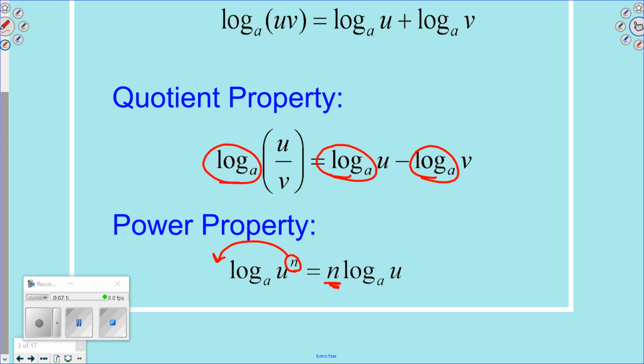Think about when you had exponents to exponents with your exponent properties. Exponent to exponent, what did you do with them? You multiplied them, right? Like if I had x squared to the fourth, what would you tell me that is? It's x to the eighth. With exponents, you multiplied. So we're going to throw the exponent out in front as multiplication. I don't know why that one just amuses me.